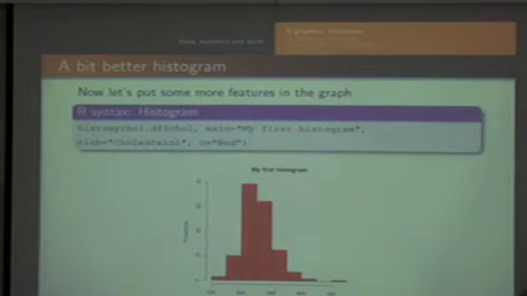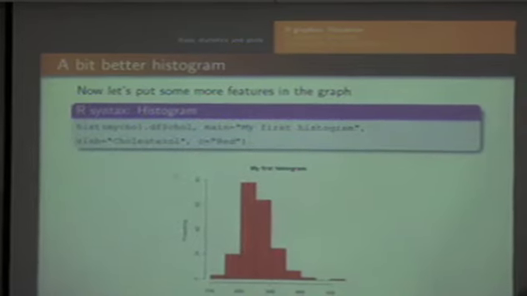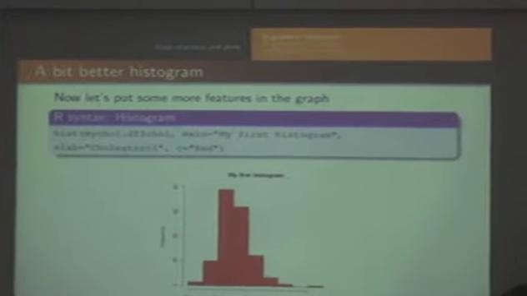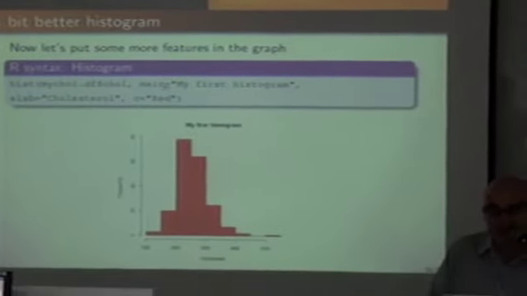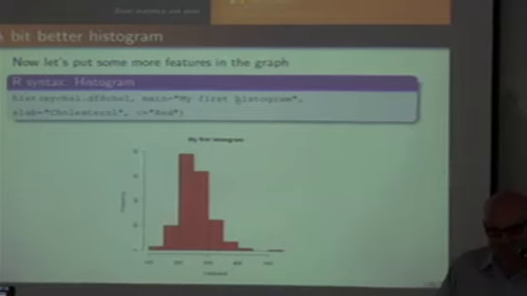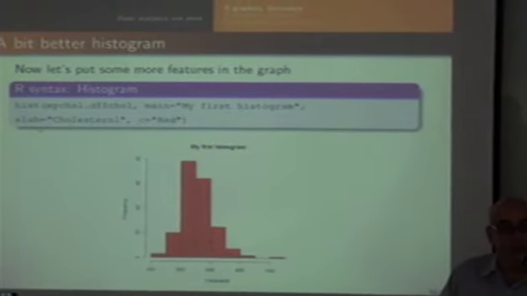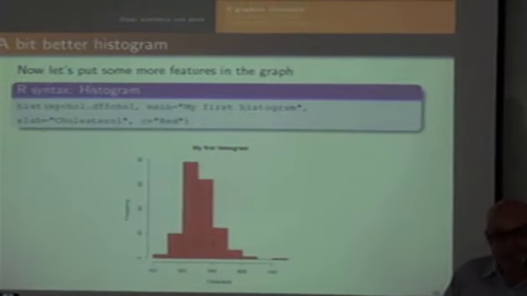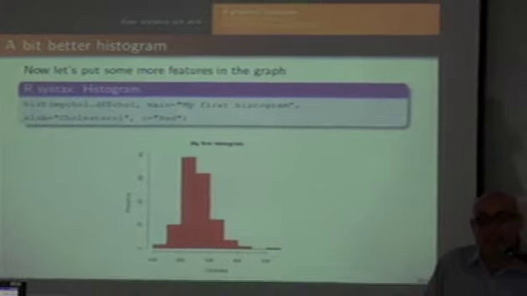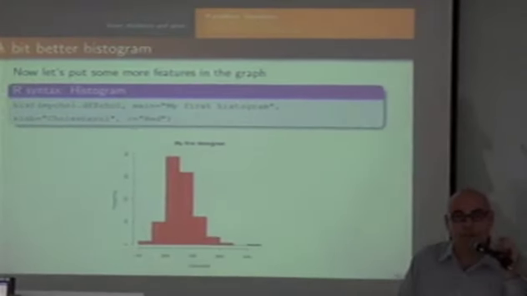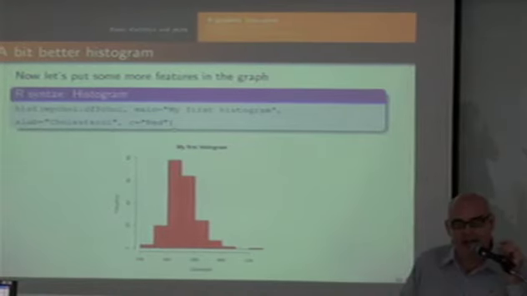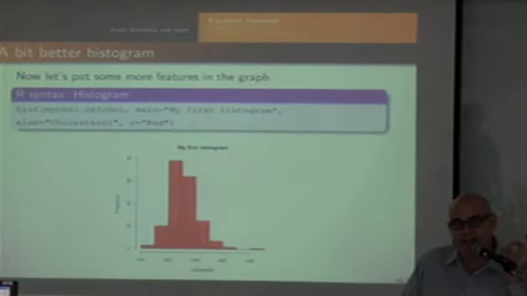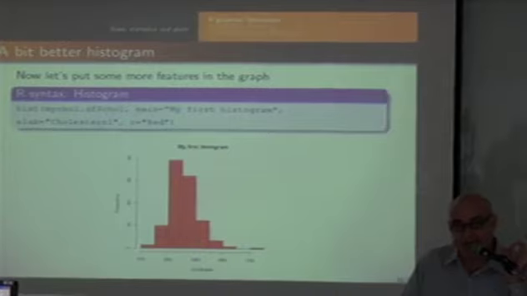What about if I want to put some more features on it? I might want to use my own heading for it. So the main heading, my first histogram. I might want to give it my own X label, cholesterol. I might want to use a different colour, col equals red. Okay? So just note the difference between those two statements.